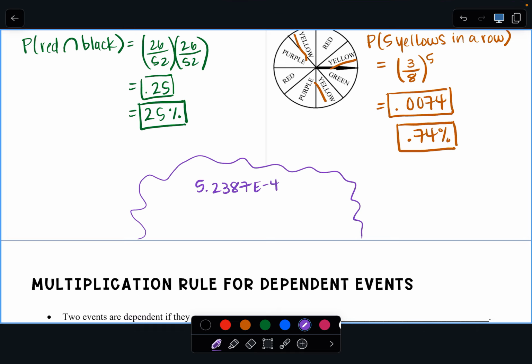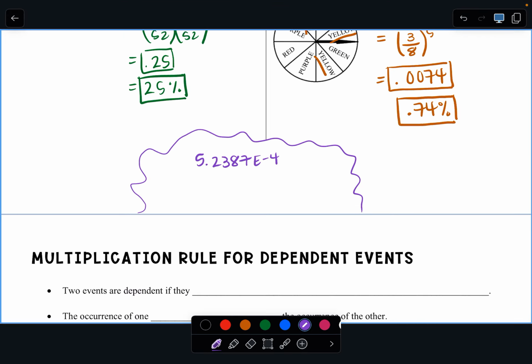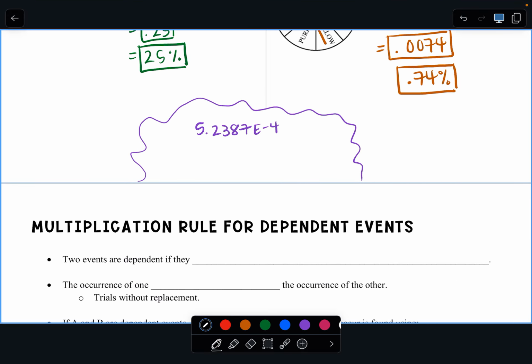The first thing that should be a red flag in this case is that all probabilities have to be between 0 and 1. So if you're typing in 5.23, you've already messed up because you cannot have a probability bigger than 1. What this notation is telling you is that you need to move the decimal 4 places to the left. So that means this number is actually 0.00052387.